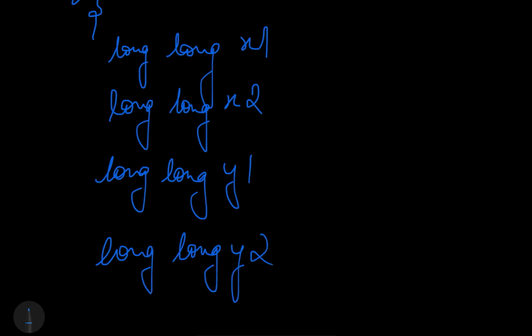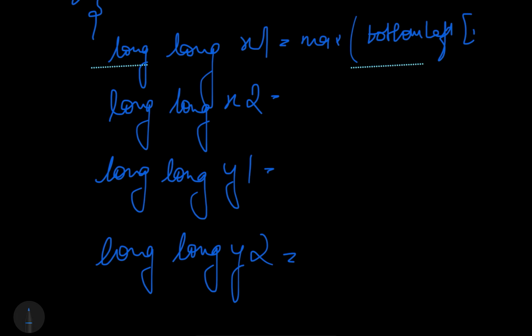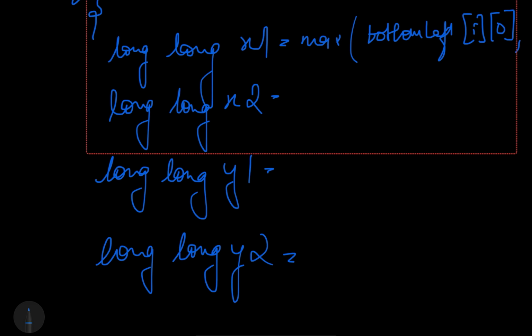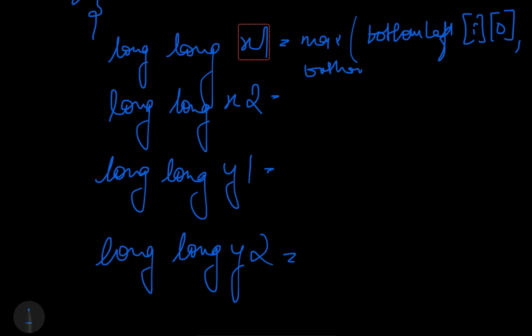Okay, because they are stored in two different arrays. So x1 would be max of bottom left of i and 0, comma bottom left of j of 0.